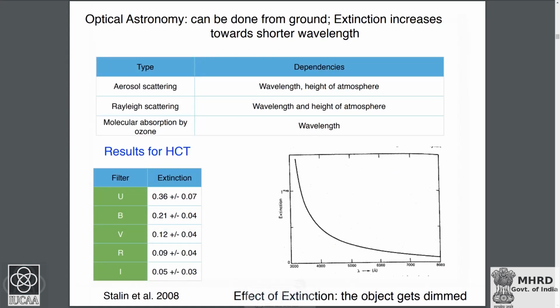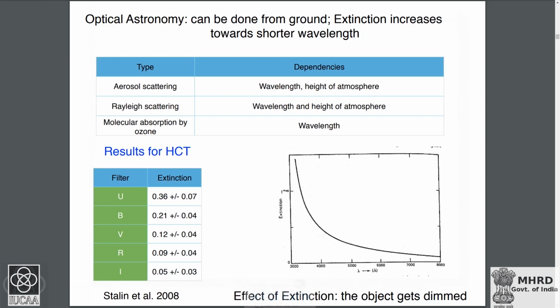These various parameters have effects in different ways. Aerosol scattering depends on wavelength as well as the height of the atmosphere. Rayleigh scattering too depends on wavelength and the height of the atmosphere, whereas molecular absorption by ozone depends only on the wavelength. What is given on the right is the plot of extinction versus wavelength.